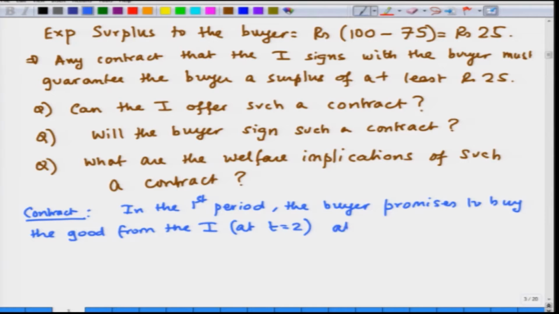at a price which is equal to rupees 75. So, if I am the incumbent, I sign a contract with the buyer, wherein in the contract it is written that the buyer will buy the good from the incumbent and will pay a price which is equal to rupees 75, with one exception.